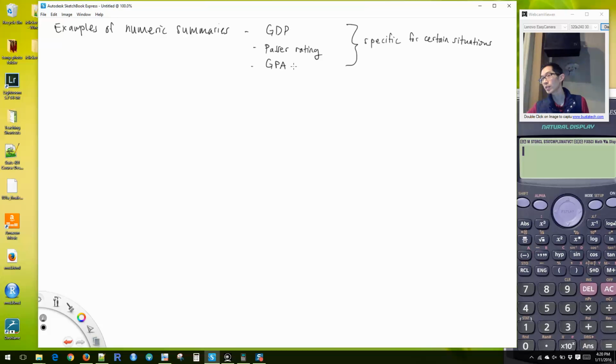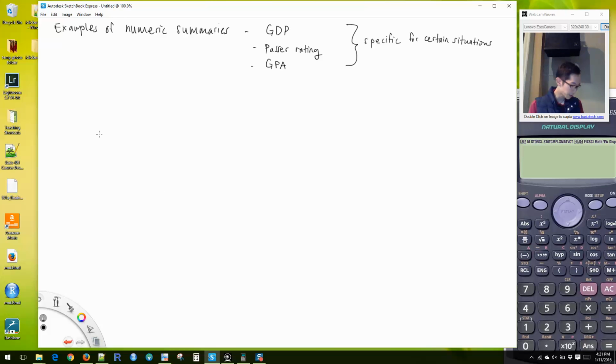But if you're from another country where the GPA system is very different, the way they evaluate school, these numbers are not as useful. If you go to Germany, the way they give marks in classes is different, and the best GPA you can get would be like a 1.0, and so if you're not familiar with that, it's not as useful. But we have numeric summaries that fit almost any situation.